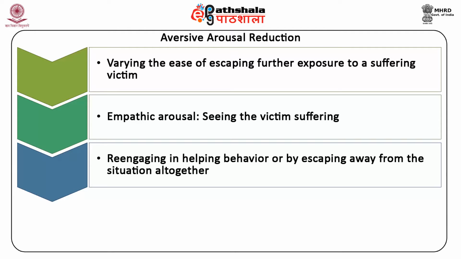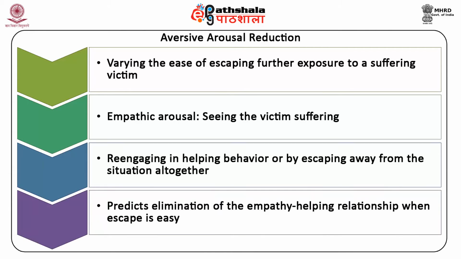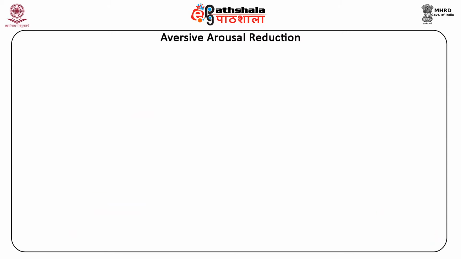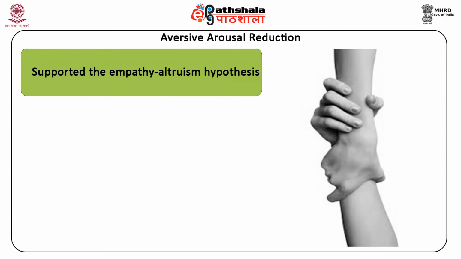But escaping from the situation doesn't allow one to reach the altruistic goal of relieving the victim's distress. Therefore, the aversive arousal explanation predicts elimination of the empathy helping relationship when escape is easy. The empathy altruism hypothesis does not. Results of experiments testing these competing predictions have consistently supported the empathy altruism hypothesis, not the aversive arousal reduction explanation.